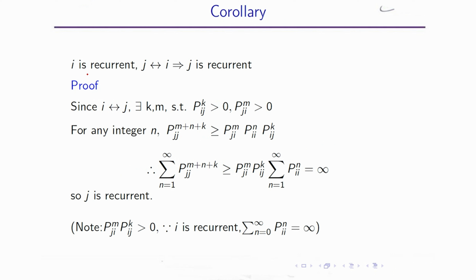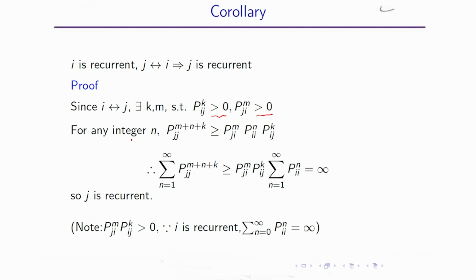Corollary: if i is recurrent, and i and j communicate with each other, then we know that j is recurrent. Why is that? We prove this as follows. If i and j communicate with each other, that means there exist some numbers k and m such that P_ij^k is greater than 0 and P_ji^m is greater than 0.